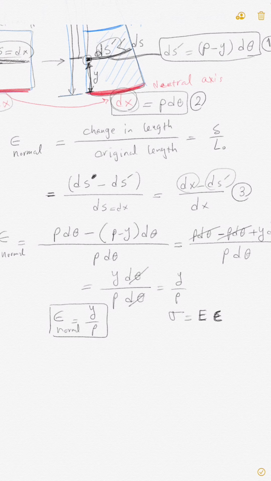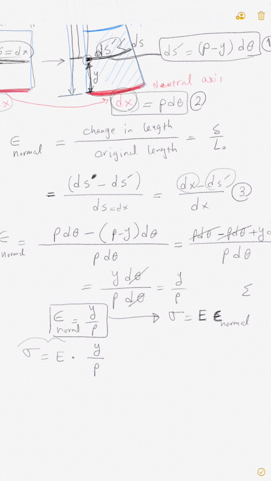And what is that epsilon? That's the same thing, epsilon normal. Sometimes I write it like this, but that's simply epsilon normal, right? So let's plug it right here. You get sigma is equal to E times epsilon normal, which is y over rho.